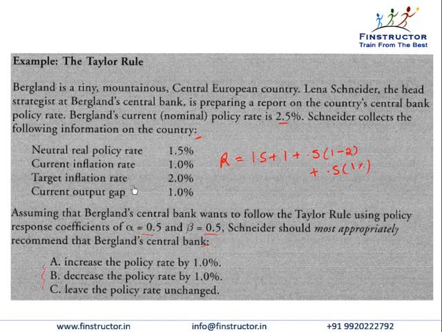So the current output gap is given to be 1. So if we sum this up, R comes out to be 2.5 minus 0.5 plus 0.5, that is equal to 2.5%. So the current nominal policy rate is also 2.5%. Hence, Burgenland's central bank should appropriately leave the policy rate unchanged.